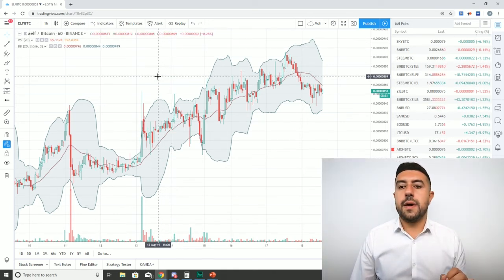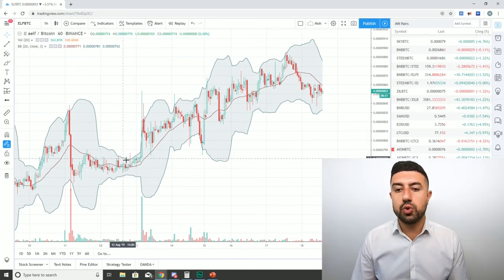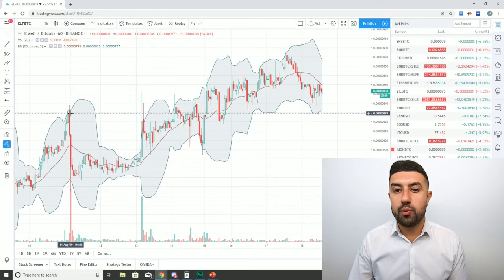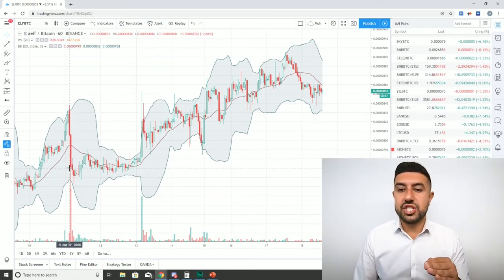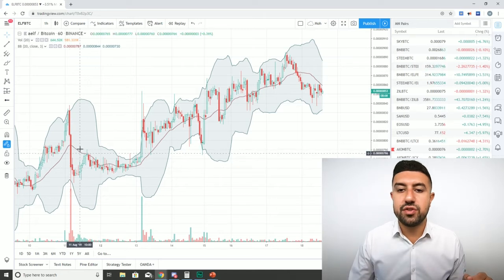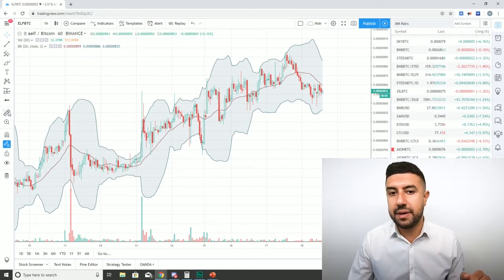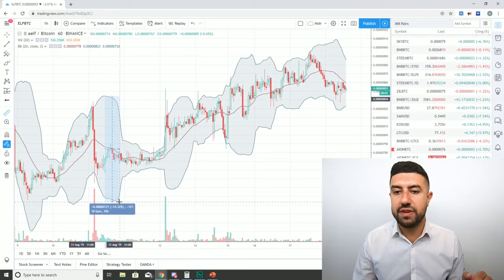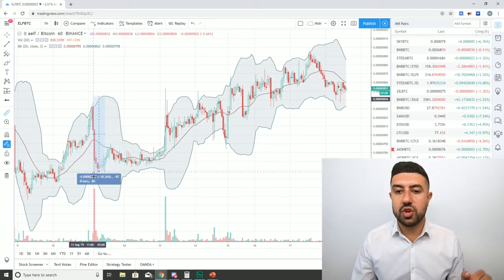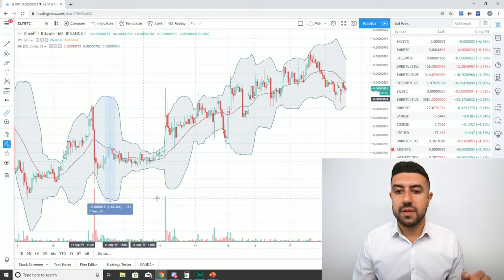Okay. Now, the thing with this, and you'll see that the standard deviation also changes because you see here when prices were very volatile, well, the volatility, the standard deviation got bigger, and 3 standard deviations was this big, right? Because these candles are big, so the volatility is high.